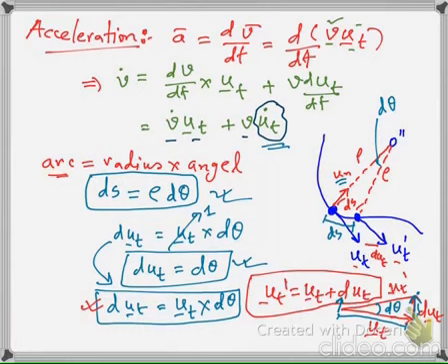So this one, un. If we make this triangle, this direction and the normal component would be parallel.